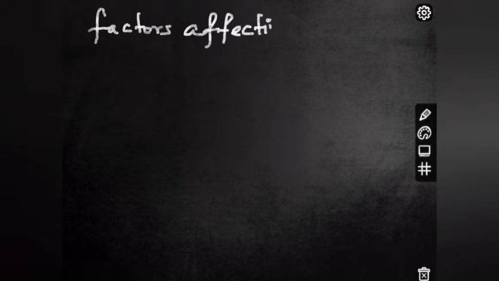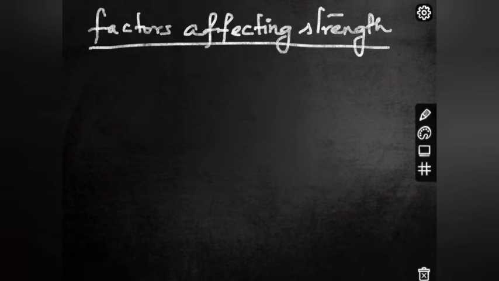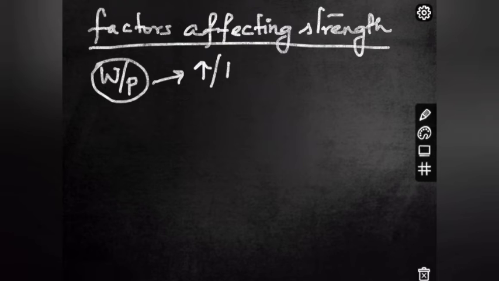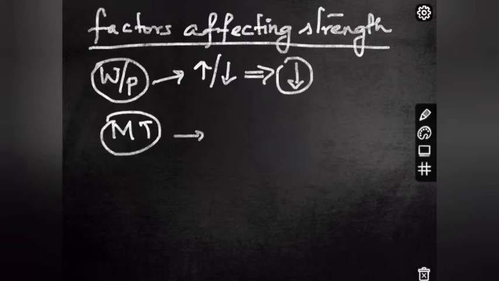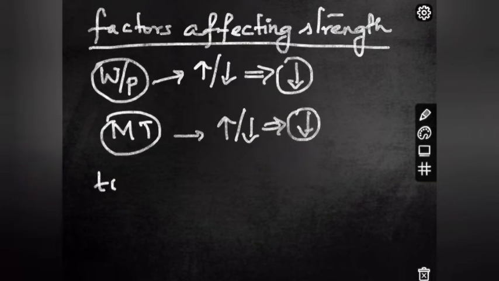Now what are the factors affecting the strength of alginate? The first one is the water powder ratio. If the water powder ratio increases or decreases, the gel strength is going to decrease. We can also increase or decrease the mixing time, which will also decrease its strength.